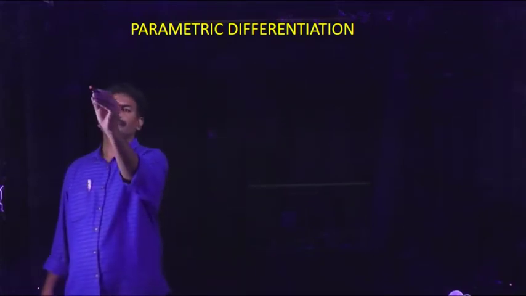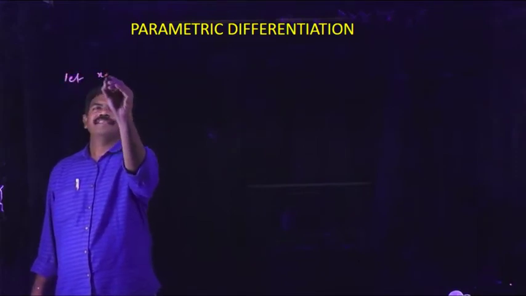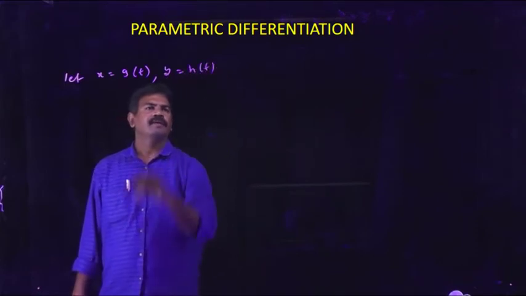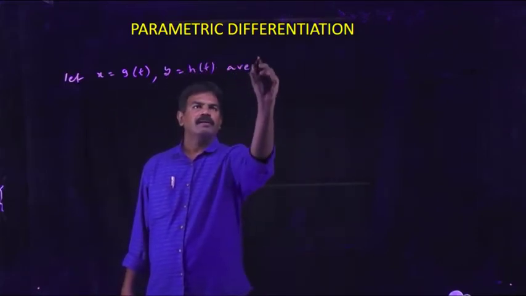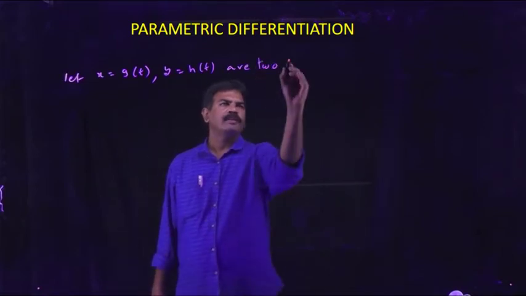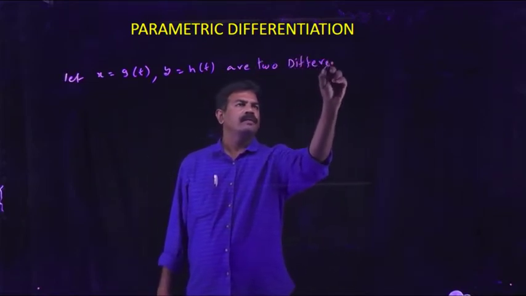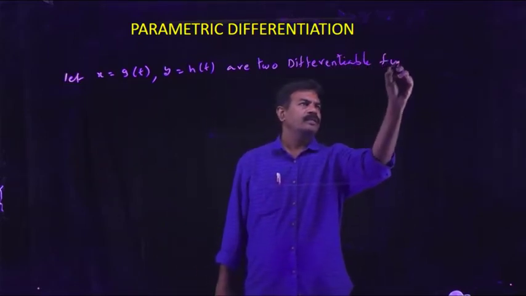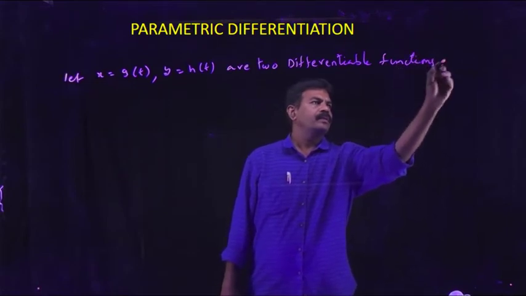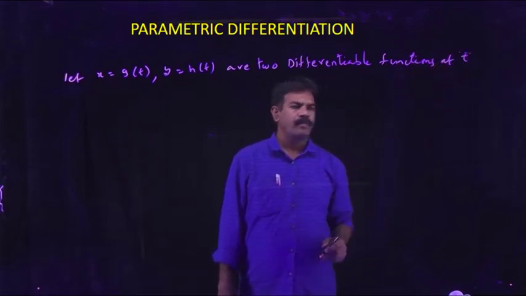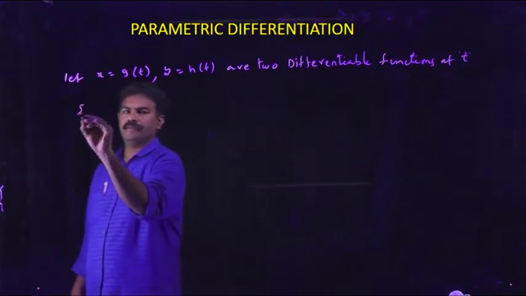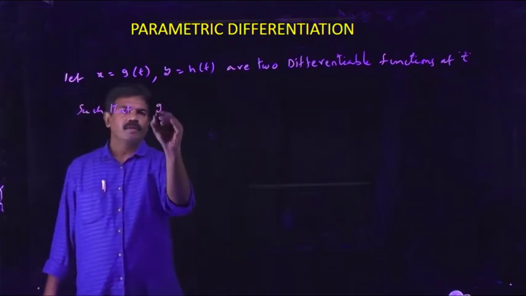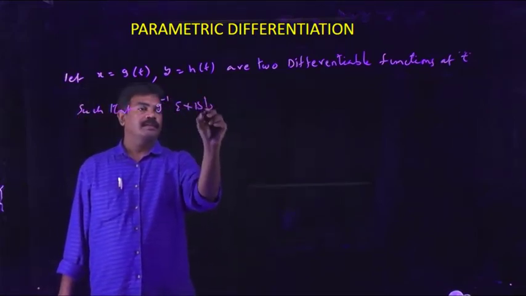Now let x is equal to g of t, y is equal to h of t are two differentiable functions at t such that g inverse exists.